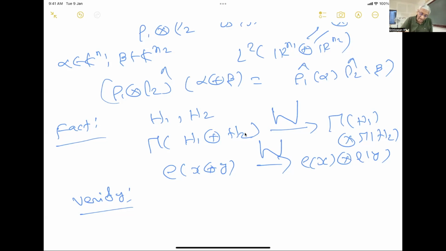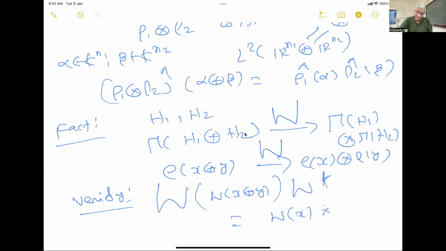But for the time being, if you have the W, then this big W of X tensor Y, X direct sum Y, W star equals W of X tensor W of Y. Okay. You just verify that this property is satisfied on the exponential vectors.